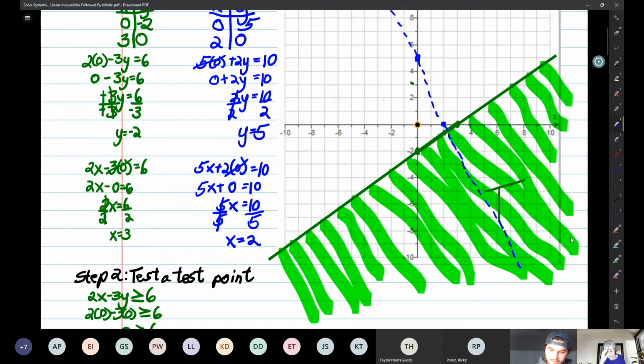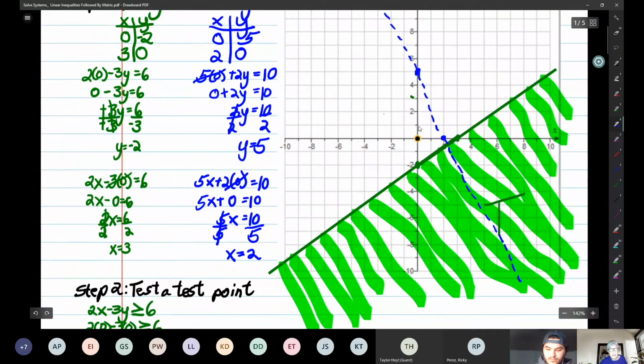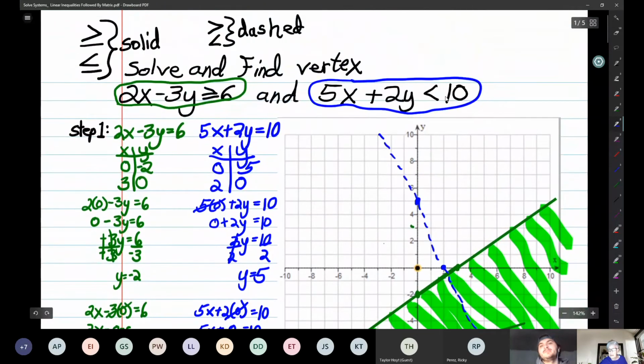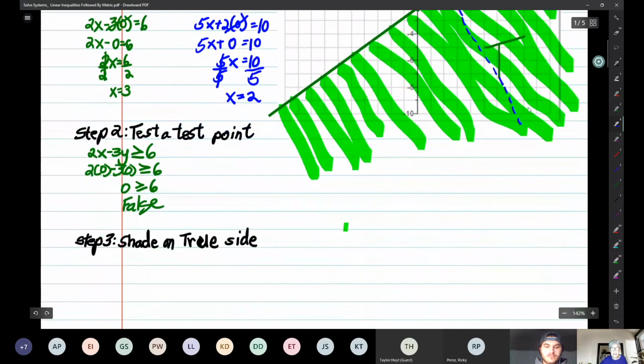And then you'll get a straight line. Okay, now notice that 0, 0 is free. The line does not go through 0, 0, so I can choose that point as my test point also. But first I have to return to the inequality 5x plus 2y is less than 10.